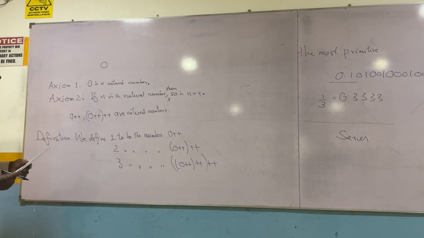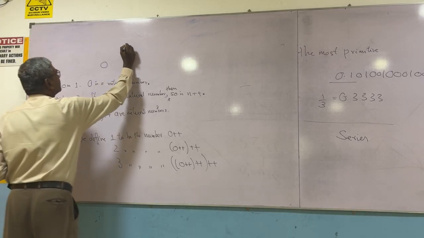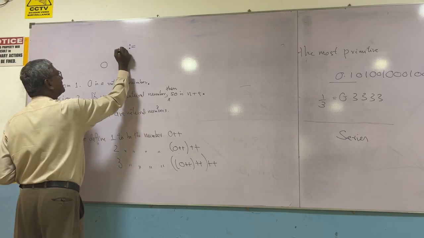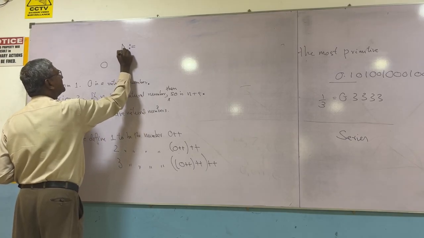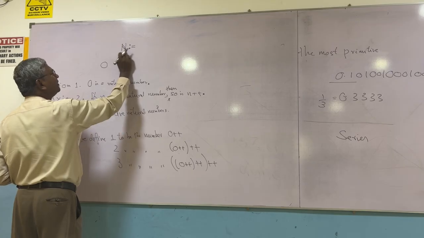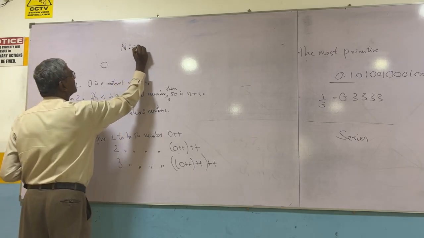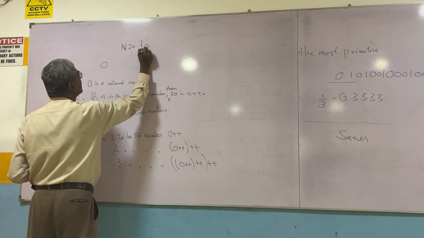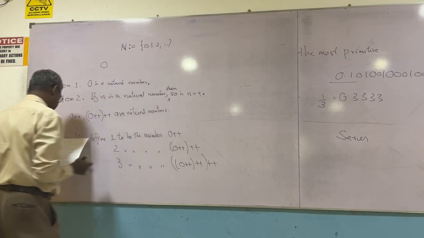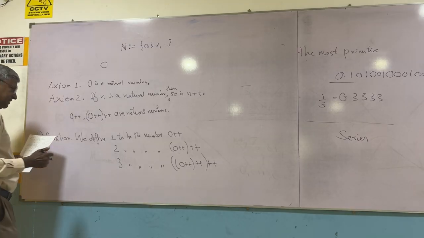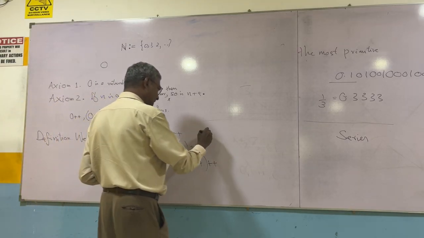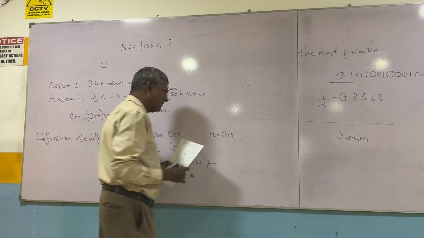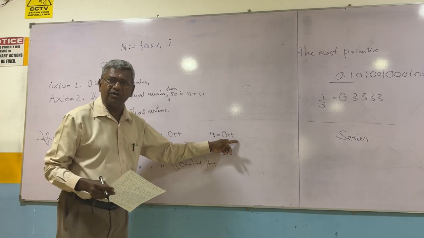I told you that when he writes these two dots this way, whatever is on the left-hand side is something you don't know, and you are going to give the meaning by this thing. This side is something you know. In our case, we wrote 0, 1, 2. So here he is saying, we know 0 plus plus.